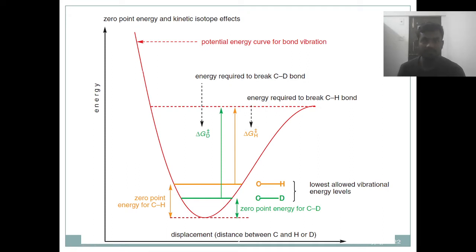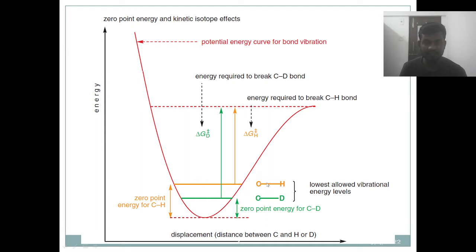Now, the kinetic isotope effect will be something related to isotopes. What it shows here is a red colored potential energy curve. Below, where my cursor is, you can see an orange or yellow bar which represents the zero point energy.